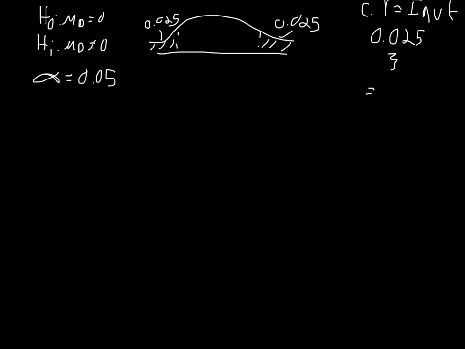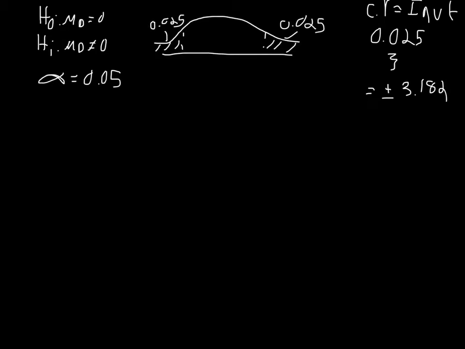And the answer you get is positive and negative 3.182. After you get that, just mark it on the chart right here, negative 3.182 and a positive 3.182.